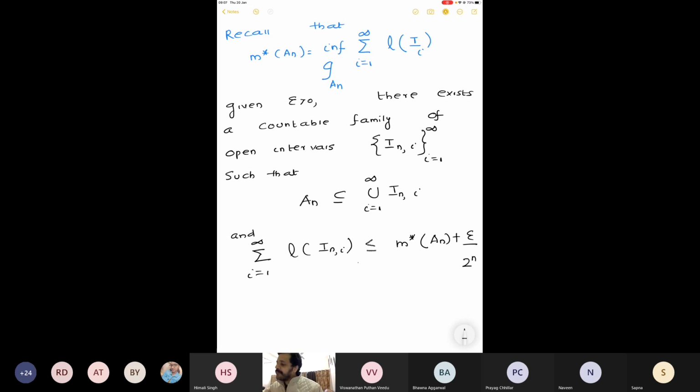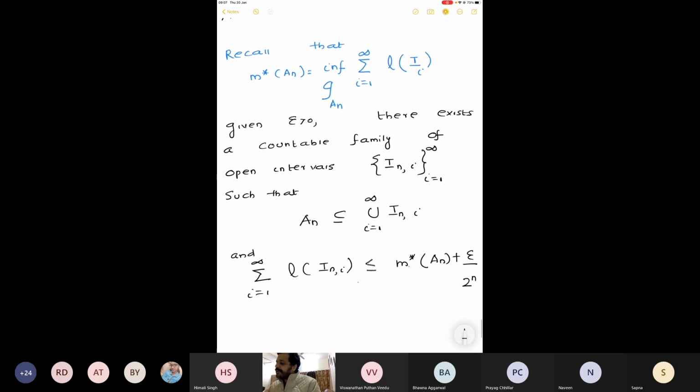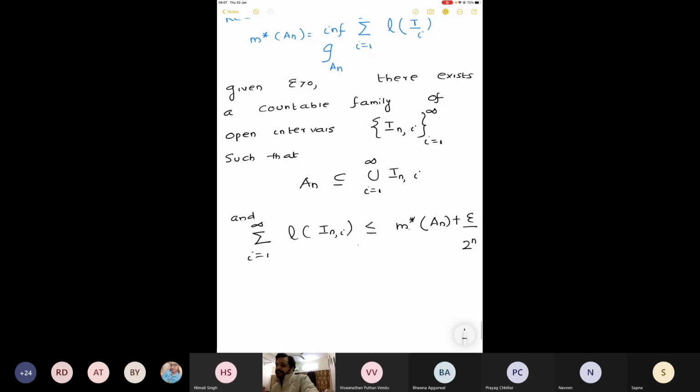Basically, m star being an infimum, m star plus some epsilon dash cannot be a lower bound. That means there exists an element in that set with this value less than m star of A_n plus epsilon. That's what I have used. Nothing more than that. Okay. Is it okay?